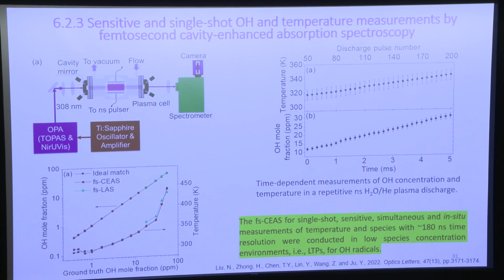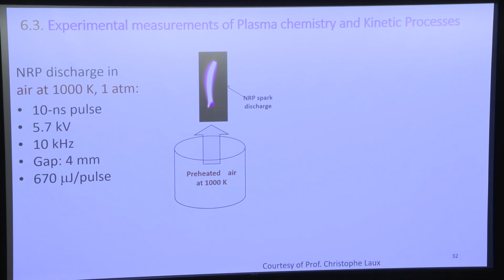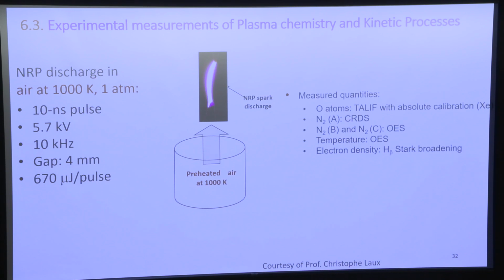And you can take advantage of the femtosecond laser to do this laser absorption spectroscopy. Also, because the femtosecond laser is broadband, multiple lines will absorb. And you can use the multiple lines to fit your spectra to make it more accurate than just a single line measurement.